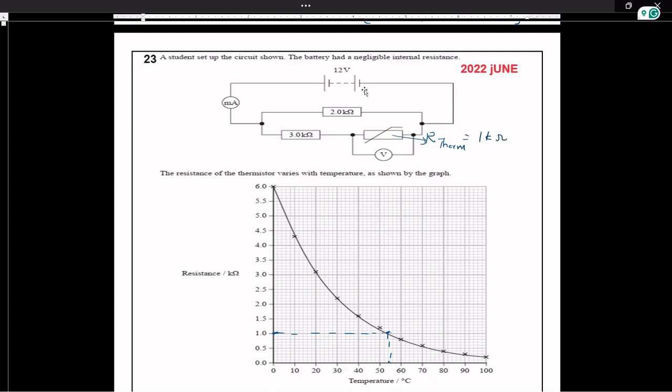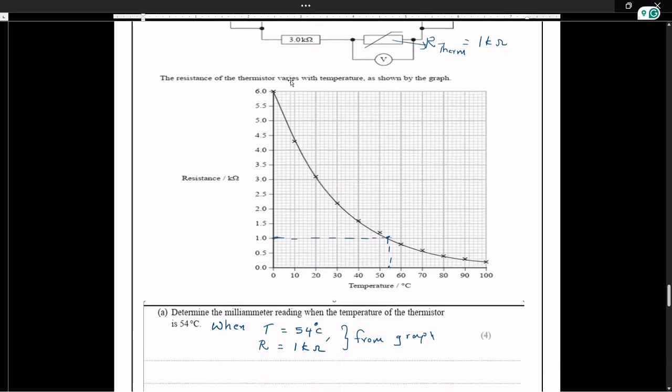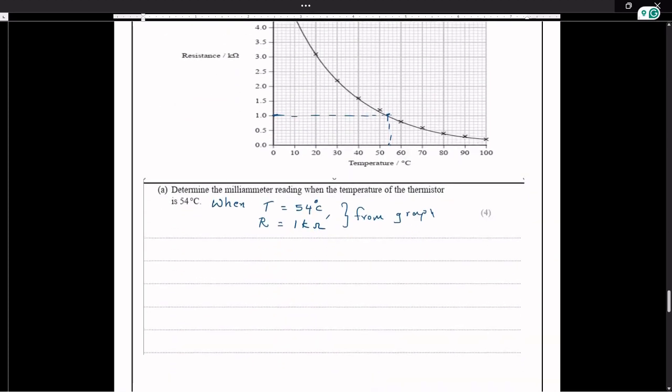Now we know all the three resistors; 3K and 1K are in series, which is parallel to 2K. Therefore, we can calculate the total resistance.